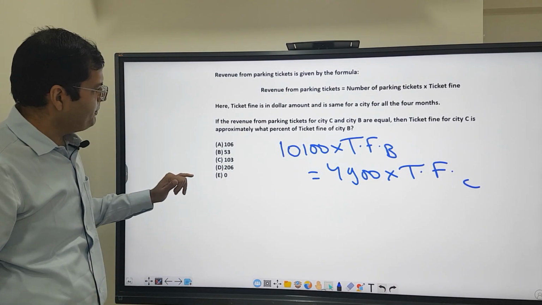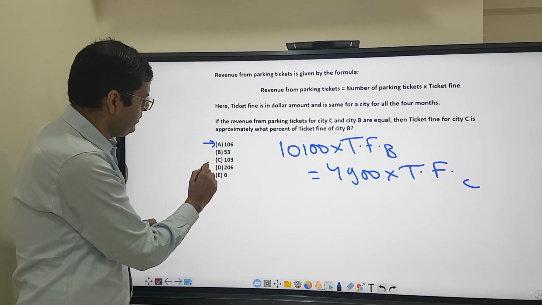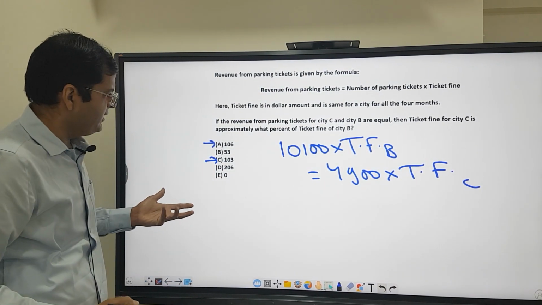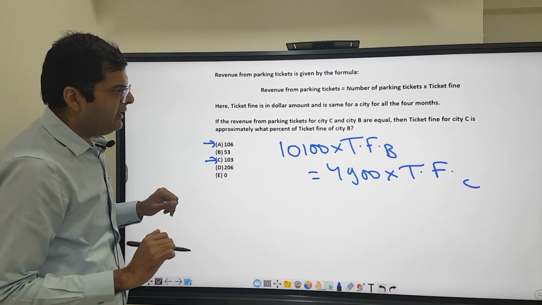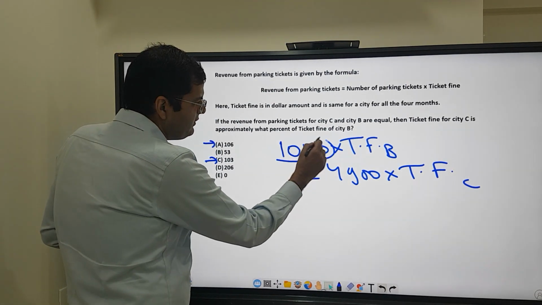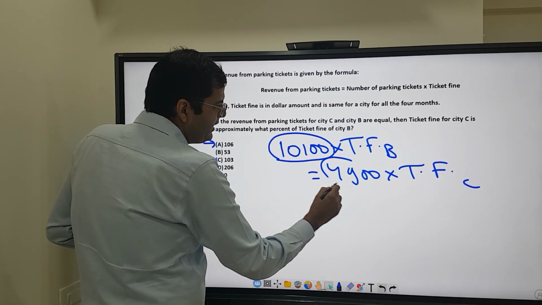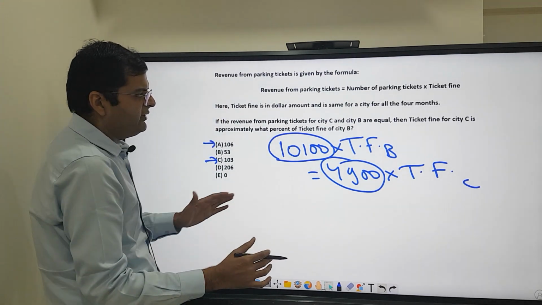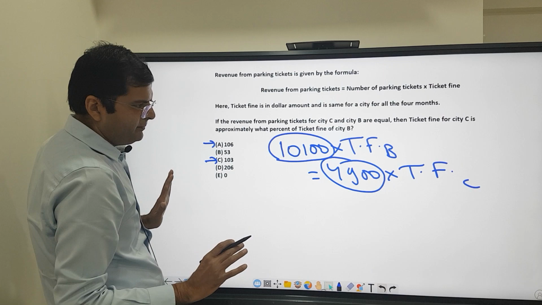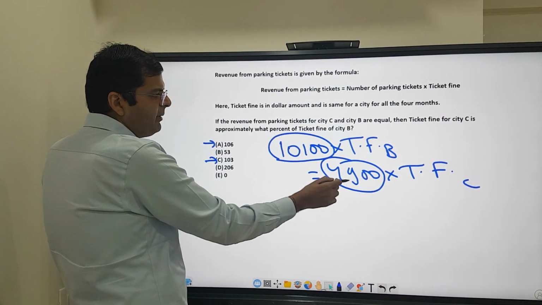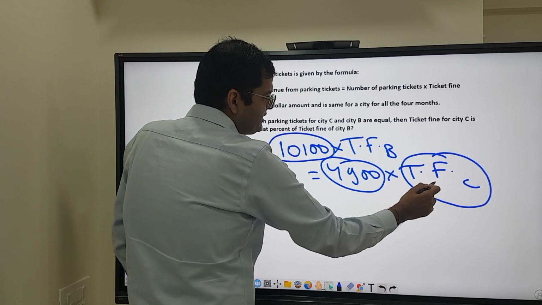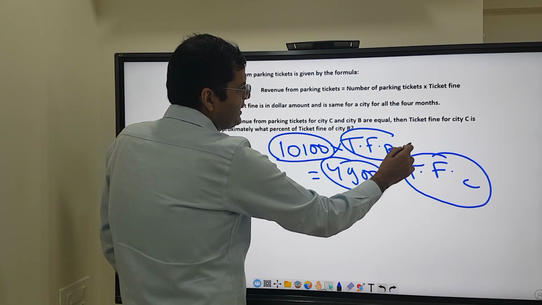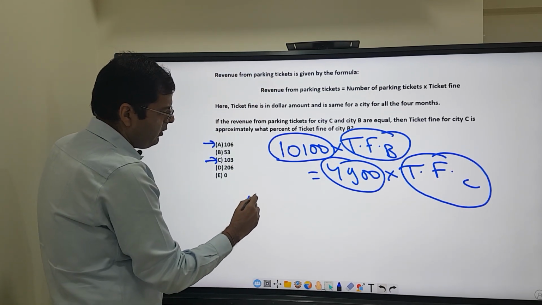Now if you look at the options, two of the options are pretty close by, 106 and 103. Other options are very far away. But if you look at it, this 10,100 is almost kind of double of 4,900, slightly more than that. So if this is double of this, the ticket fine of city C should be double of ticket fine of city B, or almost double.